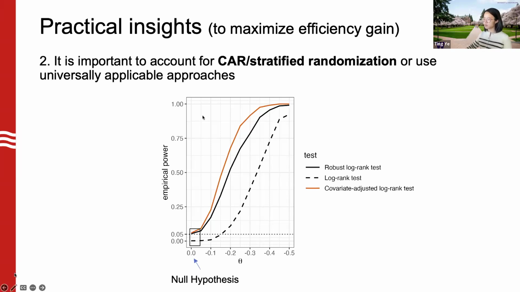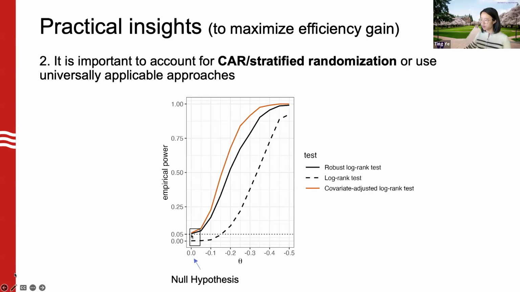So this is a simulation example. It's meant to exaggerate the point a little bit, but this is to show you that in this case, the standard log rank test under stratified permuted block can be conservative, and that can adversely affect the power.